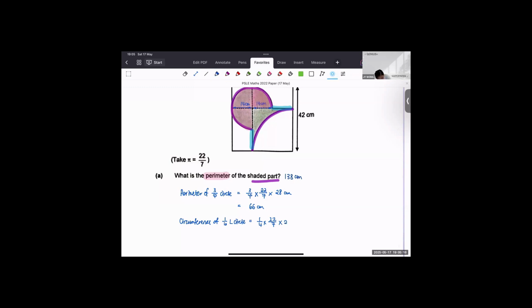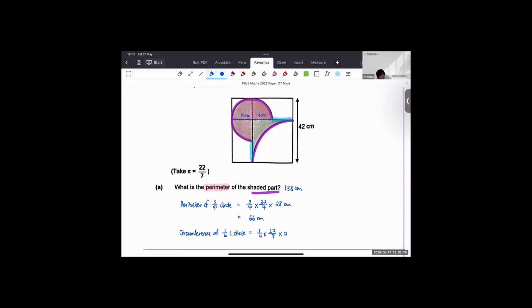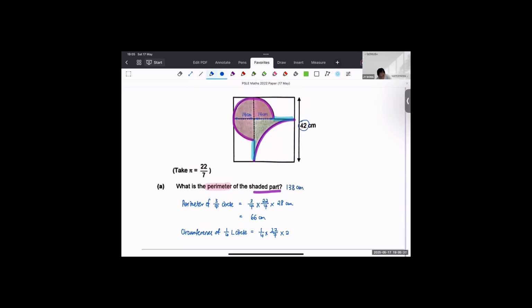You need to be able to tell me the radius first. What's the radius? If you can see that this is 42 and this part is 14, the radius of the large quadrant or quarter circle will be 42 cm minus 14 cm, which will give you 28 centimeters.